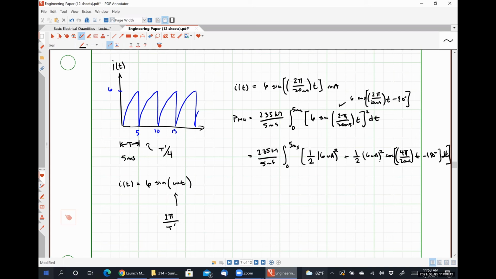Well, when we integrate this guy over an integer number of periods, this whole thing is going to go away, and we're just going to be left with that 1/2 times 6 milliamps squared term.